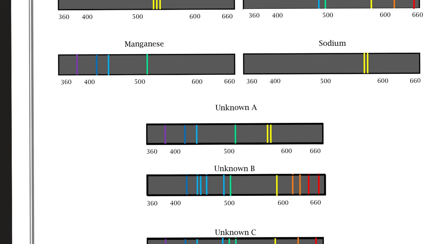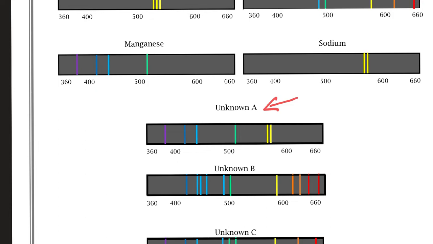So let's take a look at unknown A. So you can see my atomic emission spectra. I've got colored lines. So here I've got a line that's purple for hydrogen, a line that's blue, I've got a green, I've got a red. For strontium, I've got a medium blue, and I've got some lighter blues.